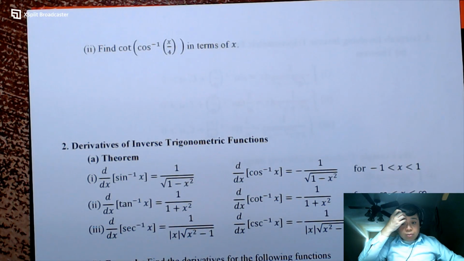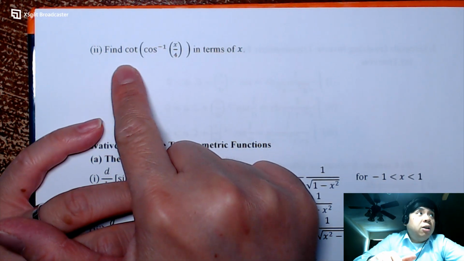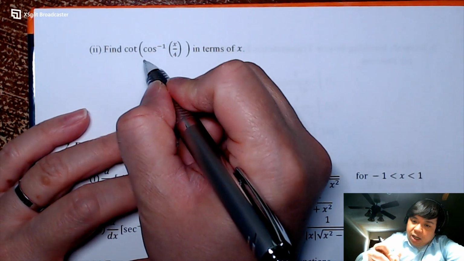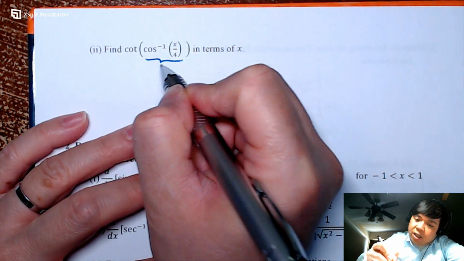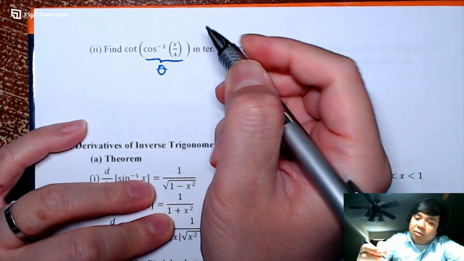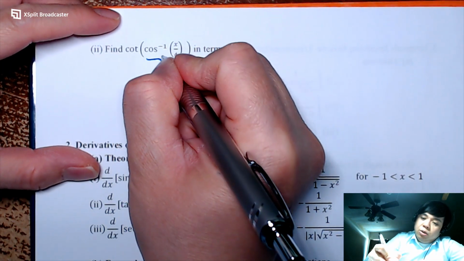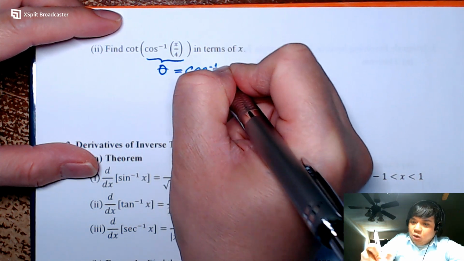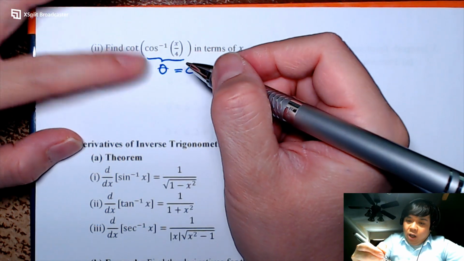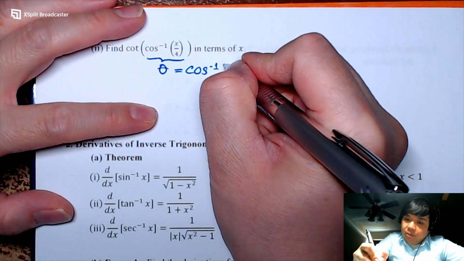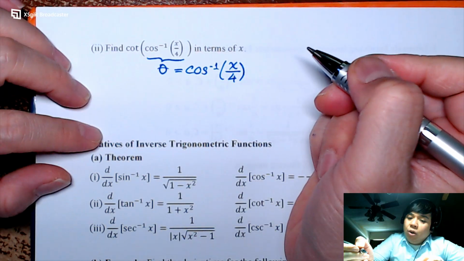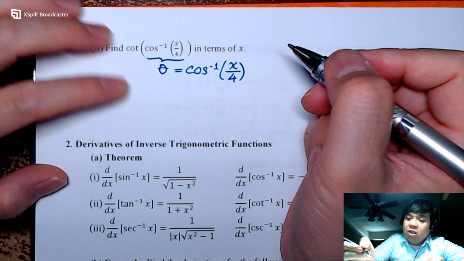This one. Cotangent of cosine inverse of x over 4. Now we can see that inside here, if we let that be theta, let's see. So theta is equal to cosine inverse, because any trig inverse is going to give us an angle. So let's call that theta. And the problem will ask for cotangent of theta.